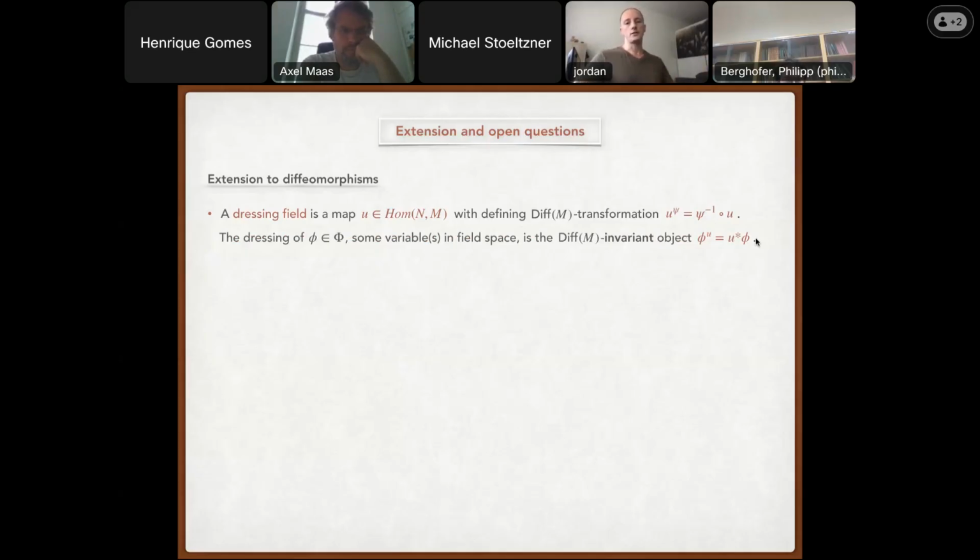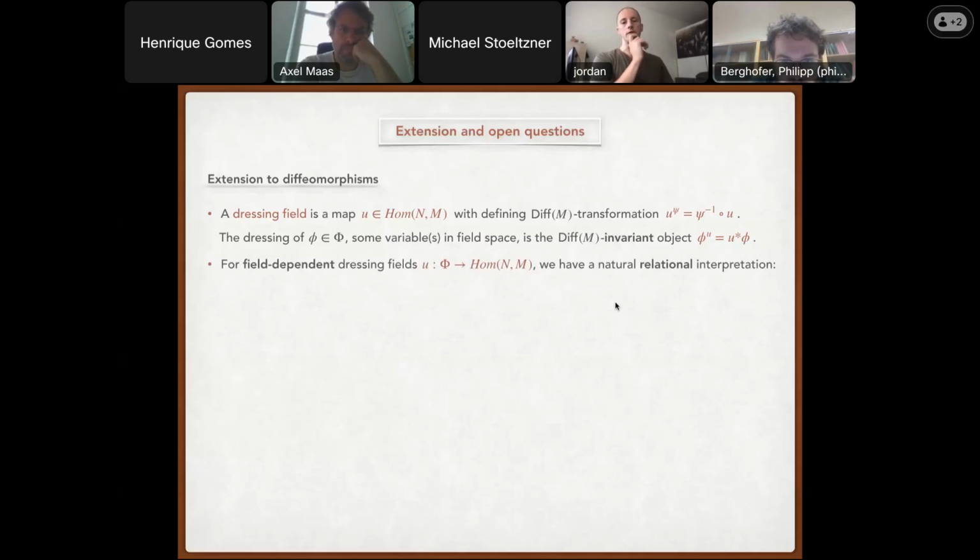And in that case, the dressing of such an object or collection of objects is simply defined as the pullback by such a map, right? That's the technical equivalent of the dressed variable we've seen up to now. And again, for field dependent dressing field, that would be maps from the field space that would give you such a homomorphism.